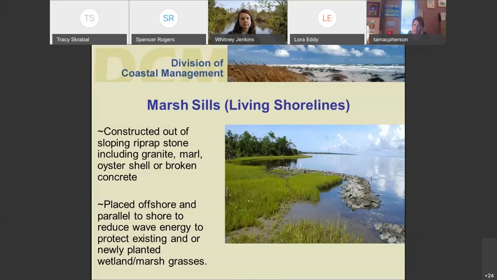The living shorelines themselves are placed offshore, parallel to shore, with the idea of reducing wave energy. In this photo, you can see the existing grasses on the left, and then just landward of the living shoreline, you can see some planted grasses. That is the ecosystem enhancement being created behind it.